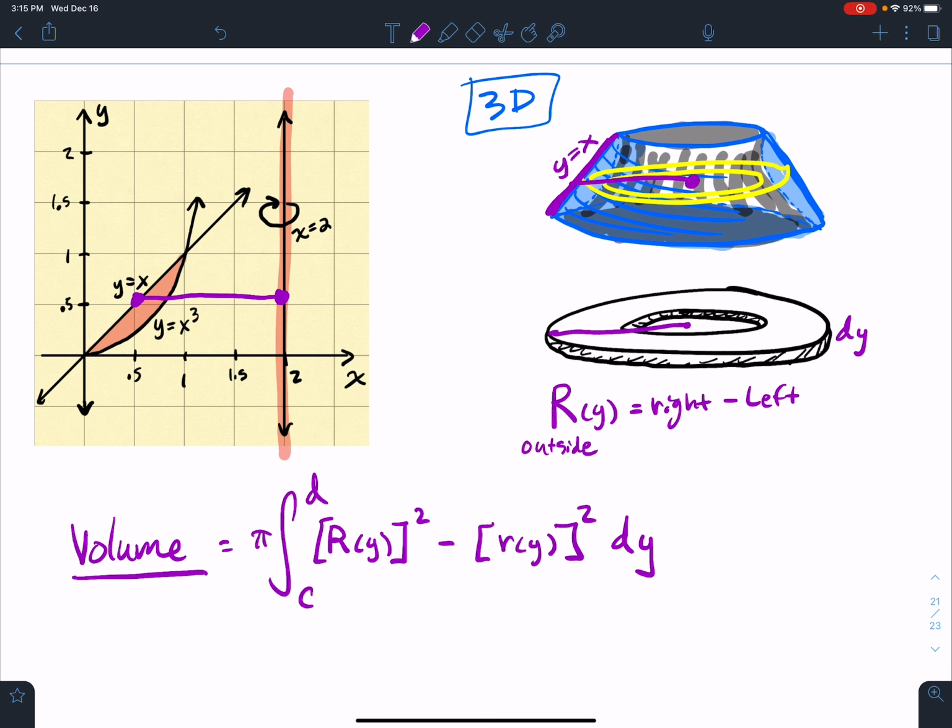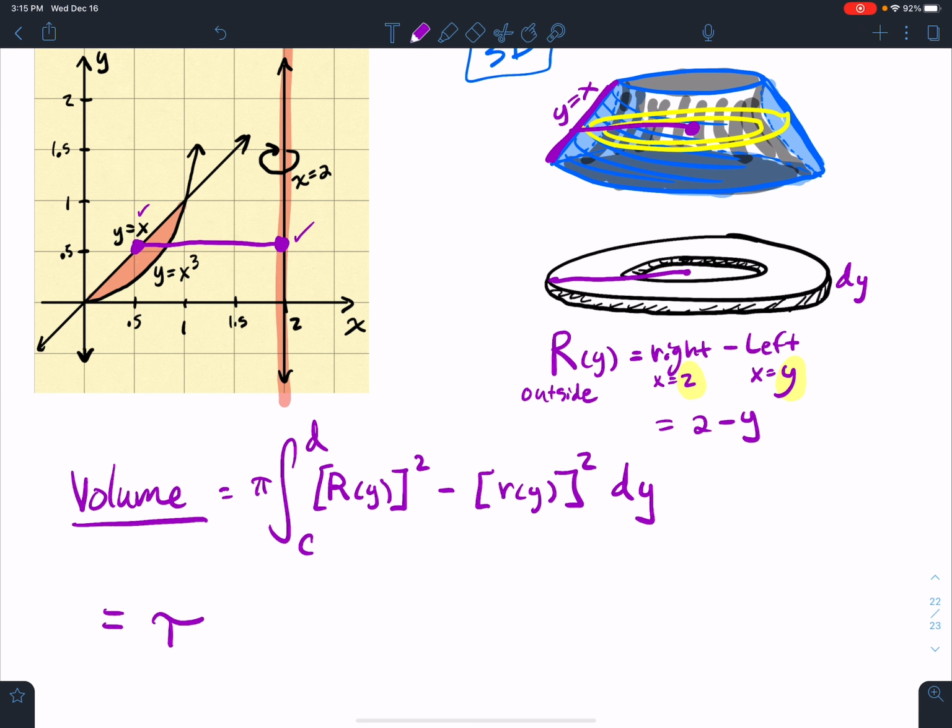The rightmost one is x equal to 2, and then minus the left, that's y equal to x. And so remember, we write it as x equals something, right? So I'm doing right minus left. So this becomes 2 minus y.